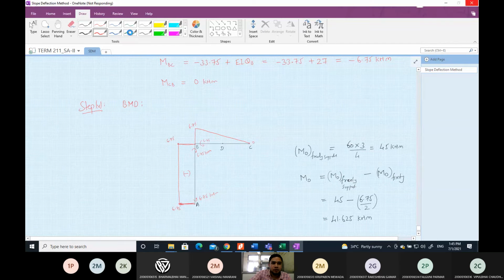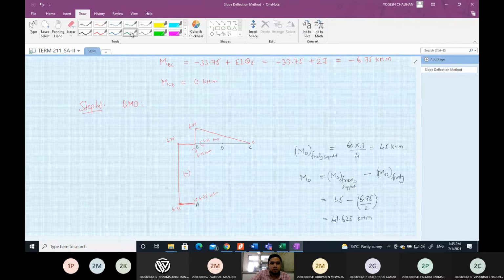Now you superimpose the freely supported bending moment on this. So the freely supported bending moment, from here to here, is 45. So this value, from here to here, will be your net positive bending moment, that is 41.625 kilonewton meter.